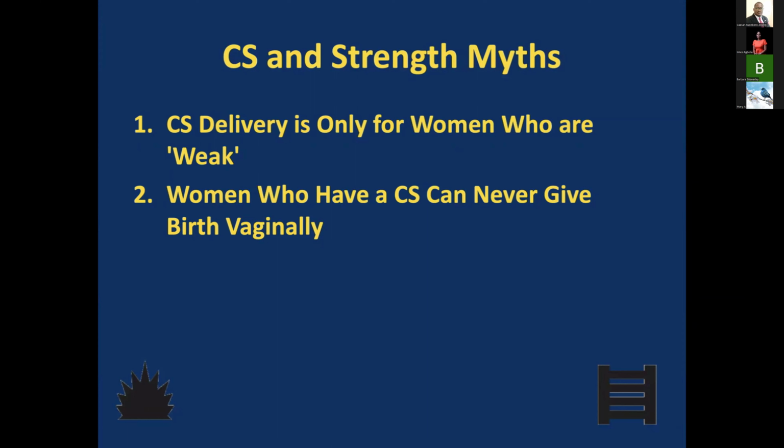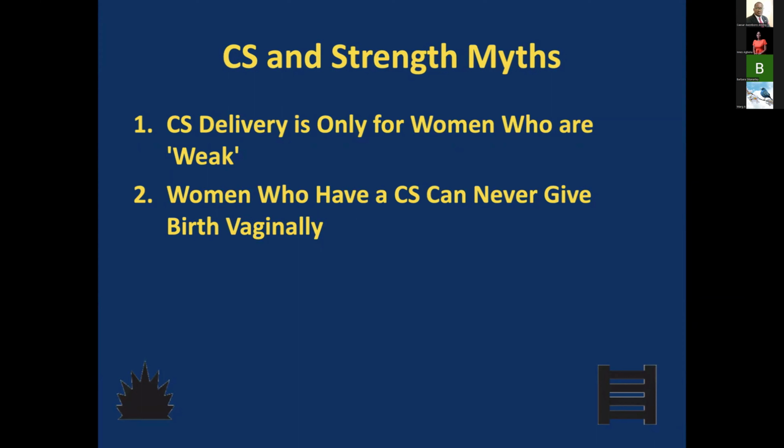The other myth is a woman who has cesarean section can never have vaginal delivery, which we know is not true. We have something we call vaginal birth after cesarean section. And I told you, if you've had cesarean section, it should be at least 18 months before you deliver again. So it means that you delivered via cesarean section and you're about to deliver now, but your last child, or the last cesarean section, is more than 1 year, 6 months ago.